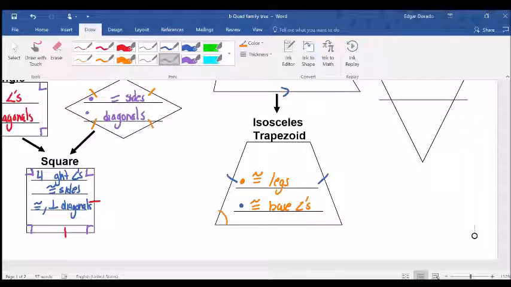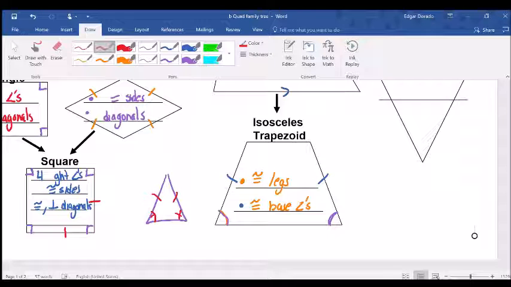That means that this angle is the same as this angle. Okay, again, if you think back to isosceles triangle, we know that if we have two sides that are congruent, then our base angles must also be congruent.